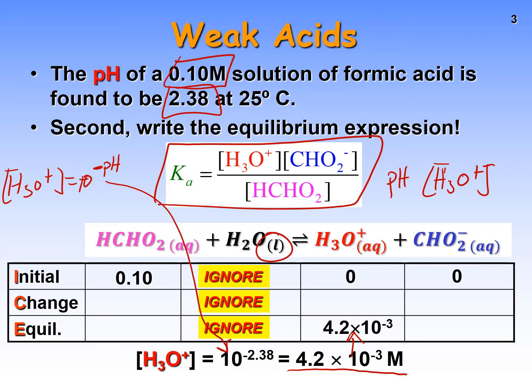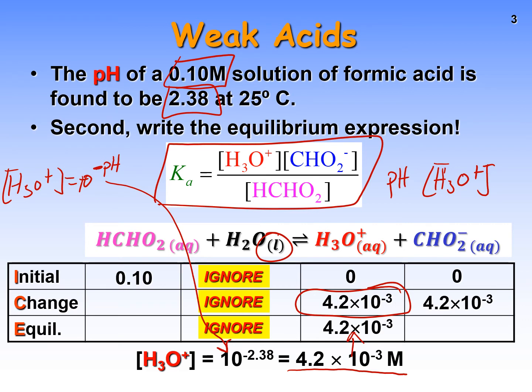This tells me that now I know my change for H3O plus, because it went from 0 to 4.2 times 10 to the negative 3. So the change had to have been plus 4.2 times 10 to the negative 3. And since this whole reaction is 1 to 1 to 1, we can fill in the other change for formate, CHO2 minus.